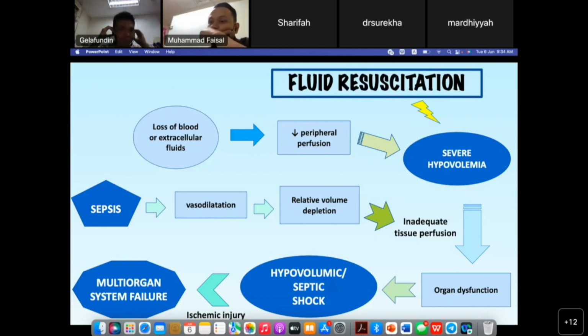The resultant organ dysfunction from inadequate tissue perfusion will result in hypovolemic shock or septic shock. If fluid resuscitation is not given adequately, the ongoing ischemic injury will lead to irreversible shock and eventually multi-organ system failure.